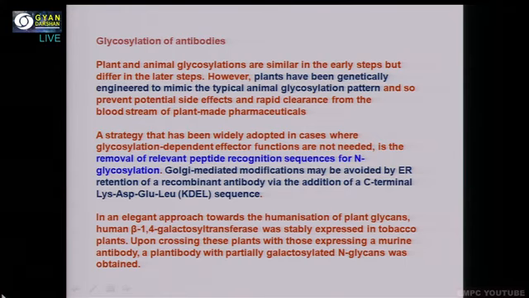Why are you including this sequence? So that you are retaining this particular antibody in the endoplasmic reticulum, so that there is no modification by the Golgi bodies. So you try to retain them in the endoplasmic reticulum cell organelle. So the process by which you can do it is through the incorporation of this sequence.